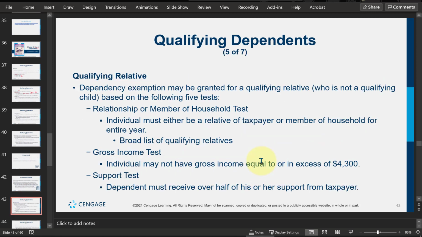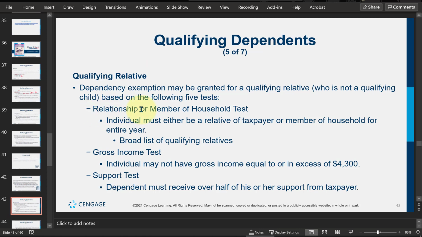Let's move on to the second type of dependent called qualifying relative, or other qualifying relative. You always test first whether that child is a qualifying child, as we've seen in the previous slides. And if not, then you test that child under this qualifying relative category, in addition to other relatives you may want to claim as dependents. So here we have a relationship test again.